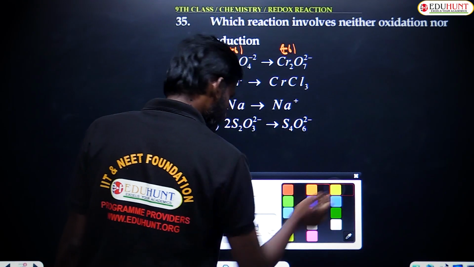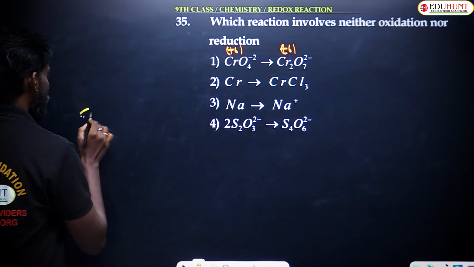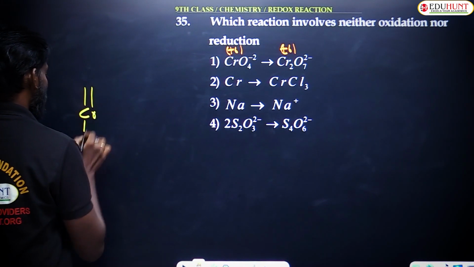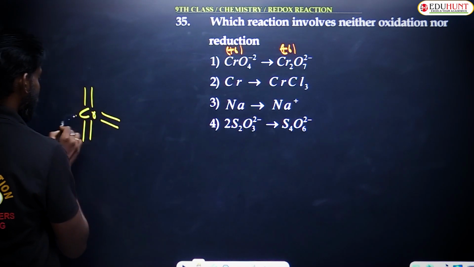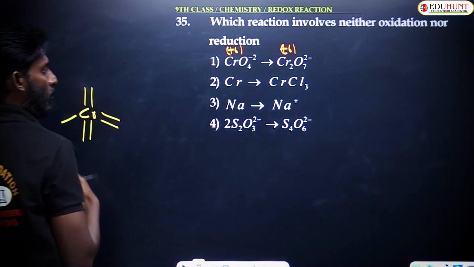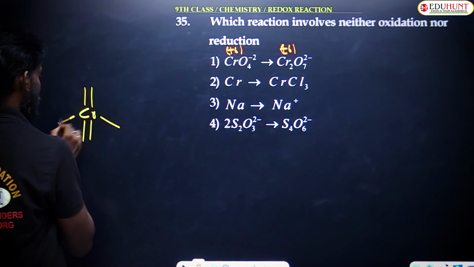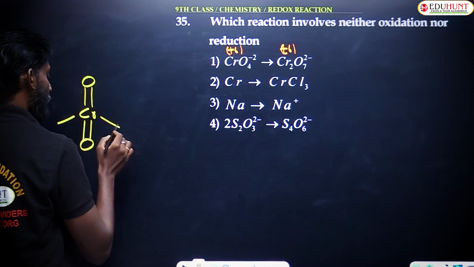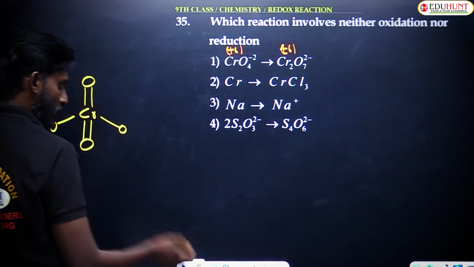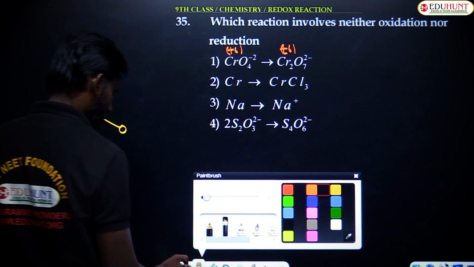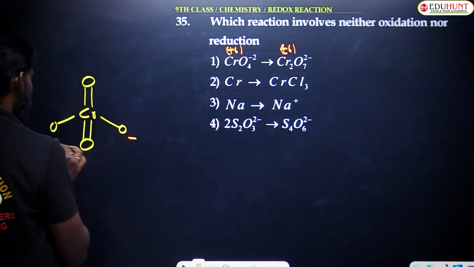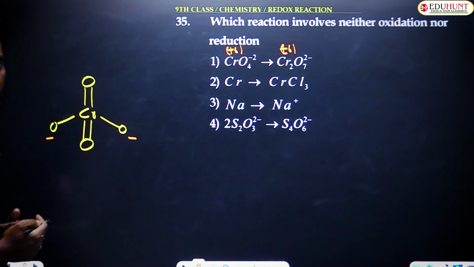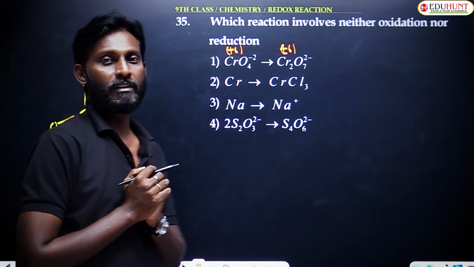Yes, I'll give. Chromium 1, 2, 3, 4, 5, 6, 7. There are 4 oxygens. If you try to propose the structure, it will be like this: CrO4 2 negative.